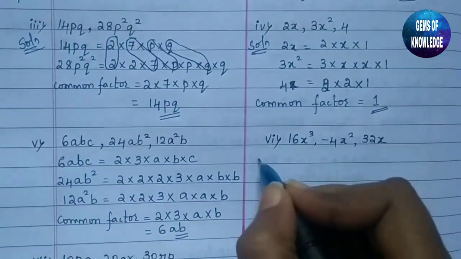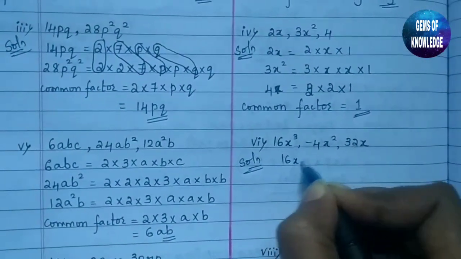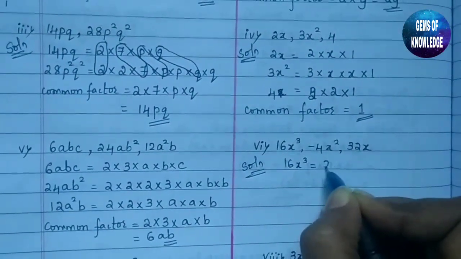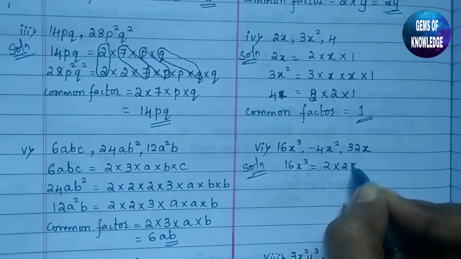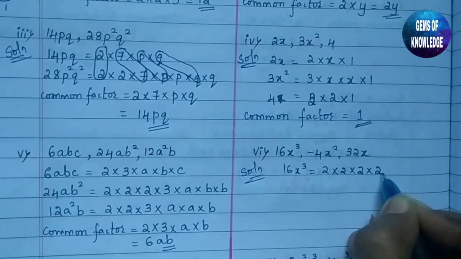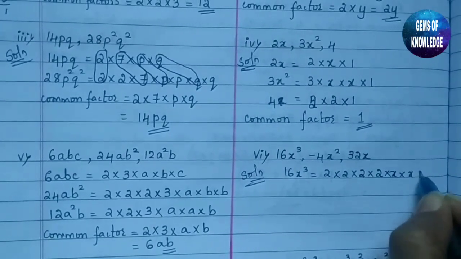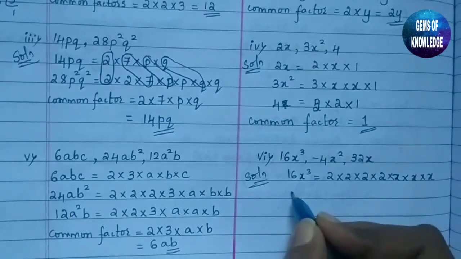In the next case, when you solve this, 16x cube is given. 16 can be written as 2 into 2, 2 2s are 4, 4 2s are 8, 8 2s are 16, and x cube is given, that is x into x into x.